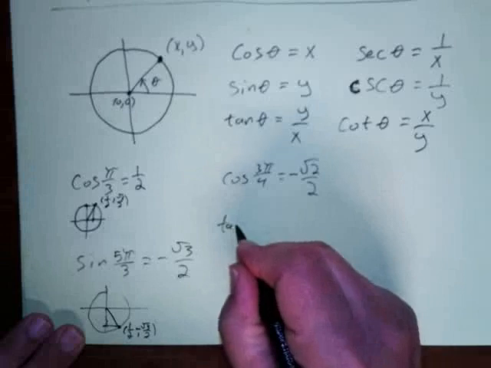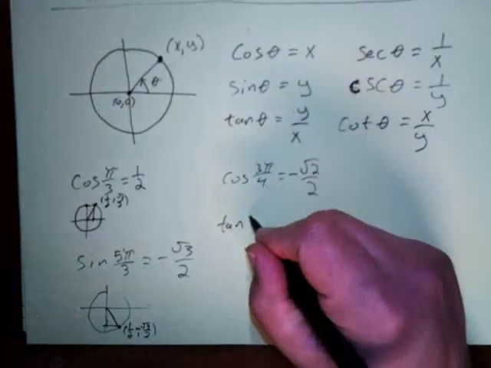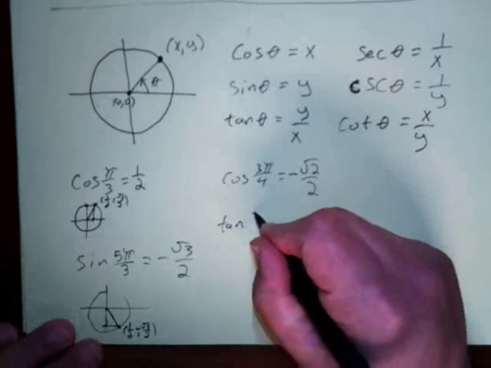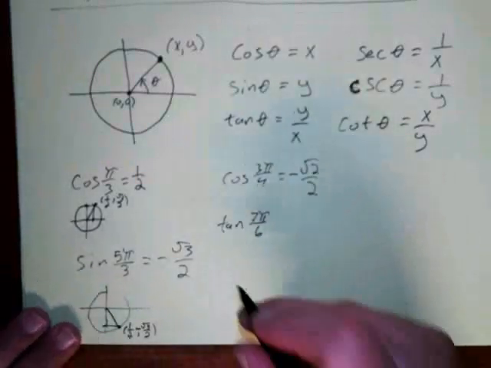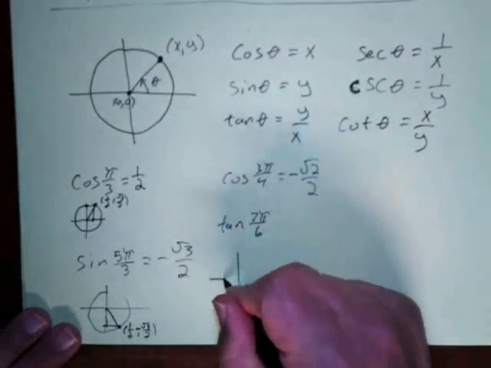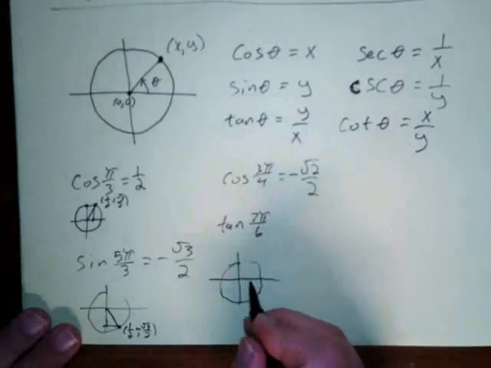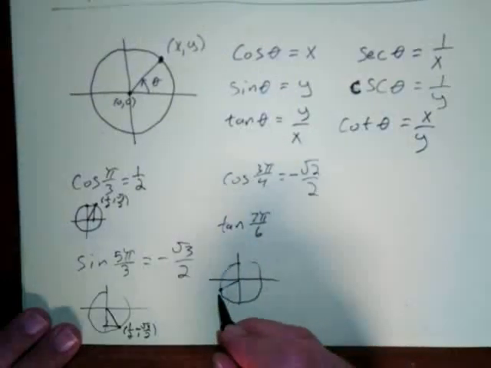What about tangent of, let me just say, tangent of 7 pi over 6. Now this one, I really want to take some care here. I would probably draw a diagram, and then I know we got 6 pi's over 6, and the 7 pi over 6 would be down here.